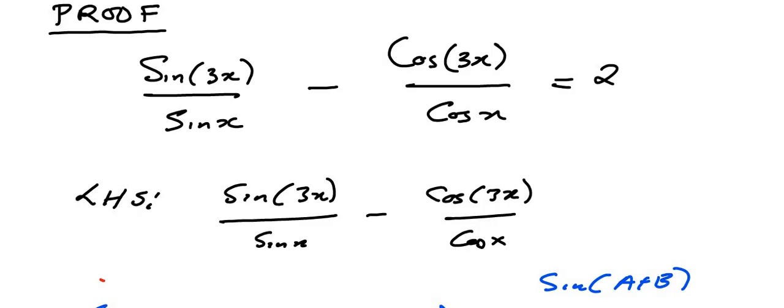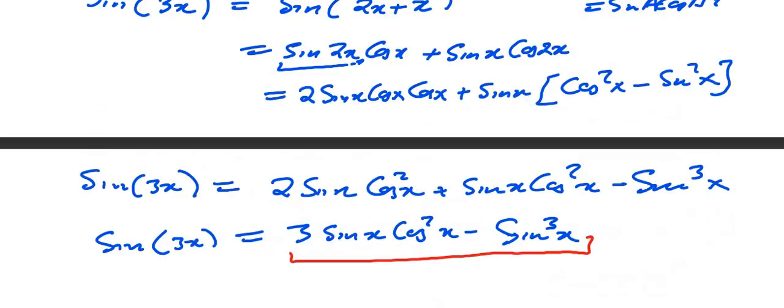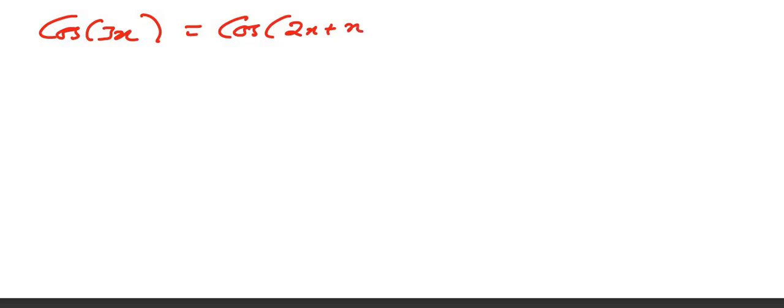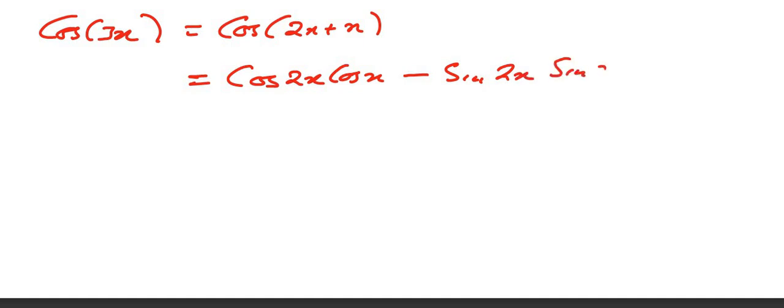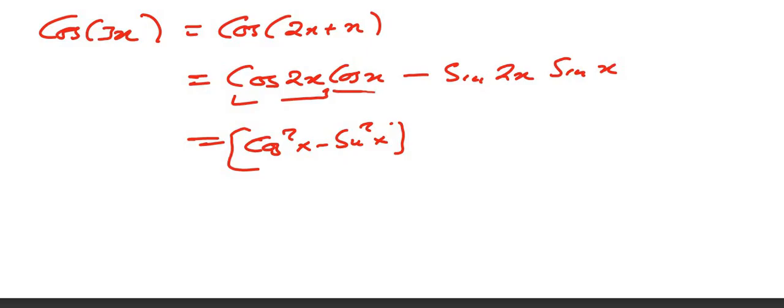We'll also do the same for the cos 3x. We're supposed to have an expression for cos 3x. This is a triple angle, so this is going to be cos of 2x plus x. This becomes cos 2x cos x. Remember the rule for cos A plus B, that's the one we're using. This will be minus sine 2x sine x. We know what this is: cos squared x minus sine squared x, multiplied by cos x.